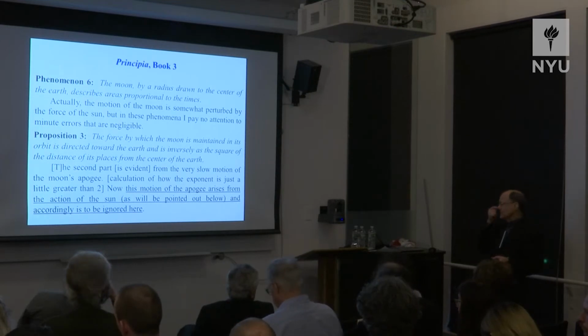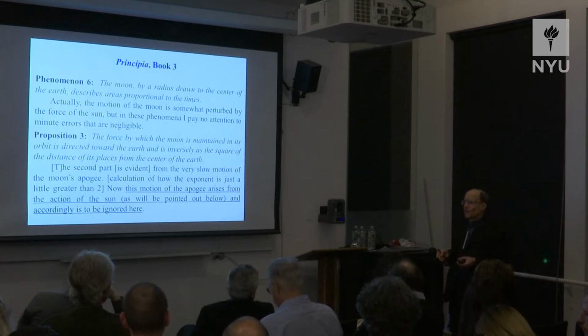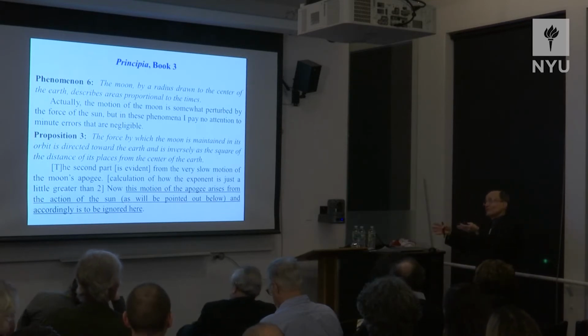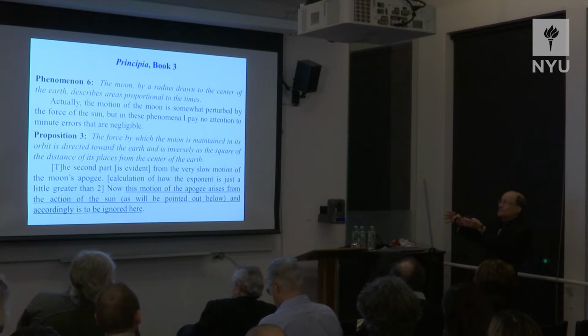The question Flamsteed asked Newton was, well, how come the moons of Jupiter and Saturn are so well behaved? Because they don't have any funny thing going on. Of course, the sun is affecting all of them, but by Corollary 6 to the laws of motion, it's all falling toward the sun along nearly parallel lines, and it's pretty constant.